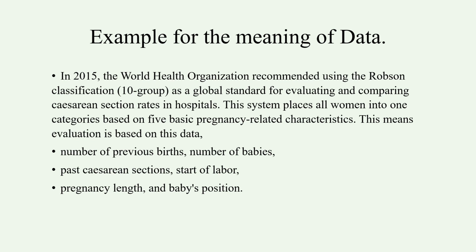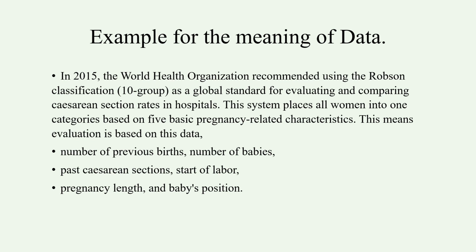So this means evaluation is based on the following data: the number of previous births, which means parity or gravidity; number of babies, which is recorded as either singleton or multiple pregnancy; past cesarean section by the number of cesarean sections a woman has had in the past obstetric history; start of labor means whether she had a spontaneous onset of labor or whether she had a cesarean section or whether labor was induced.